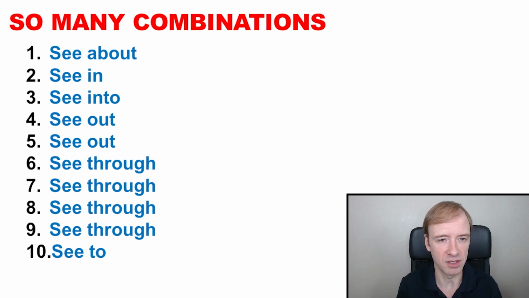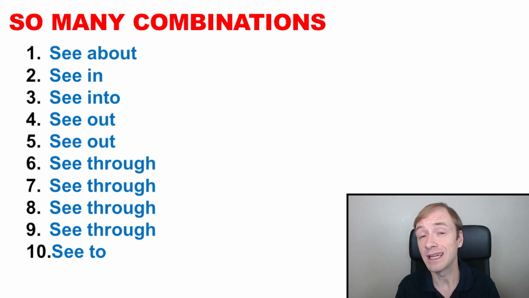is the preposition. Different prepositions here. Each one has a different meaning. Now, these are not the only phrasal verbs using the verb see. There's many more. I just chose 10 common ones for an example.